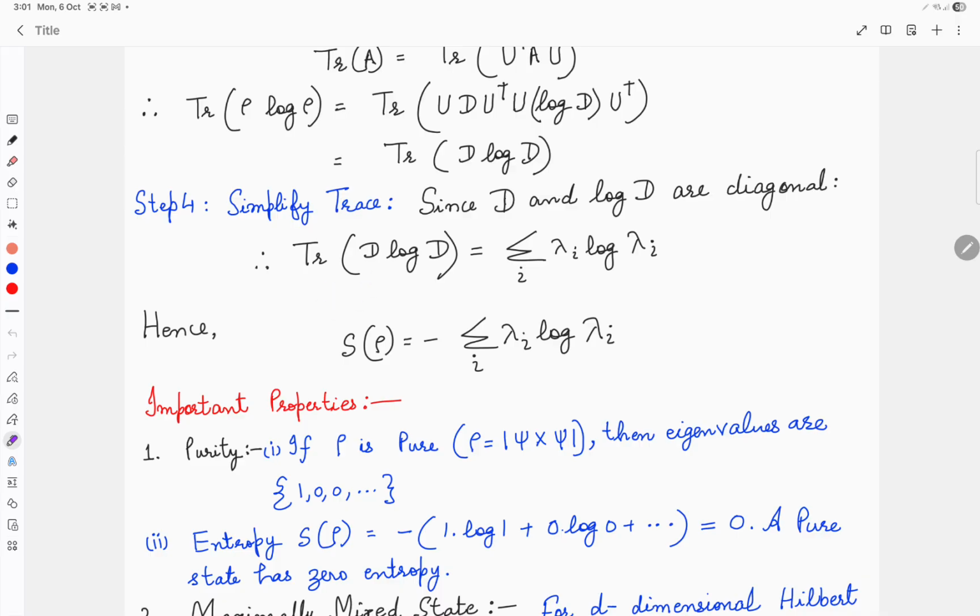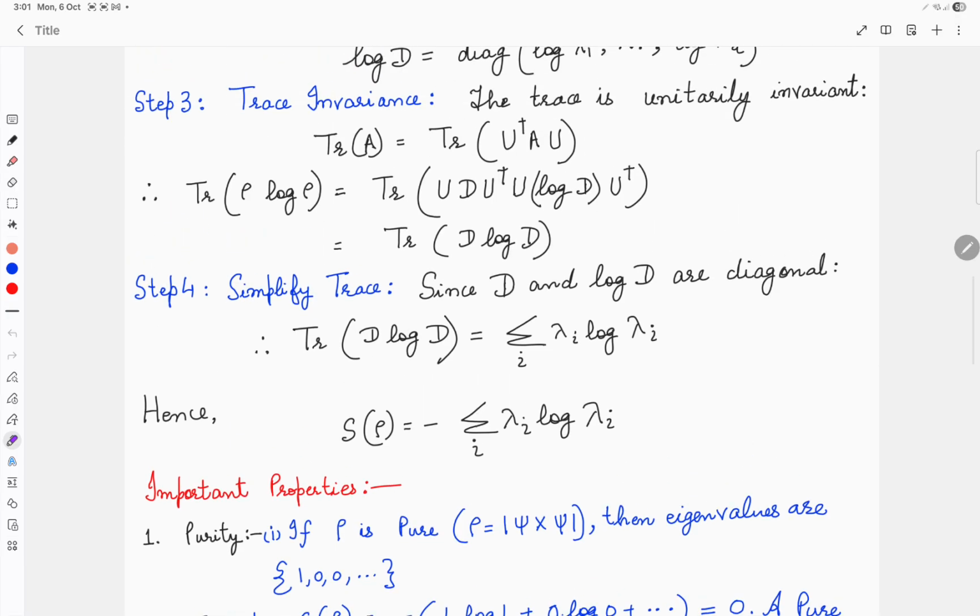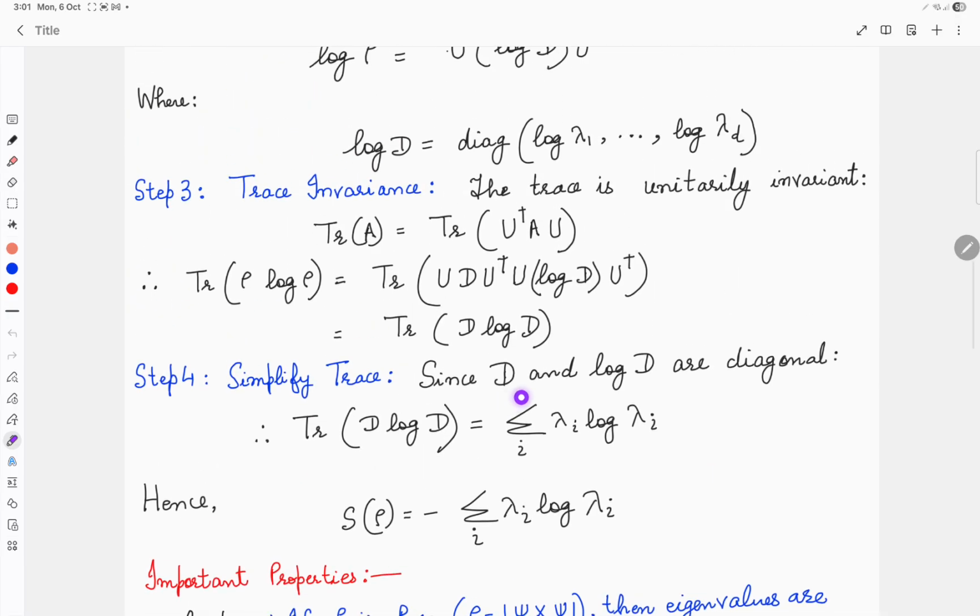So if you simplify the trace, since D and log D are diagonal matrices, replacing the diagonal matrix with the eigenvalues, the trace will be equal to the sum of the diagonal elements basically. So that will lead to this expression, and this expression is basically the von Neumann entropy.